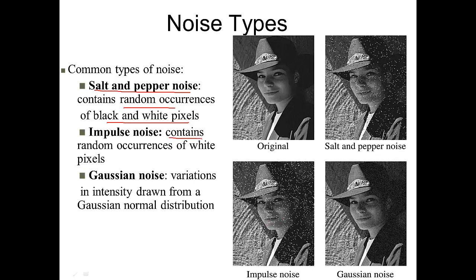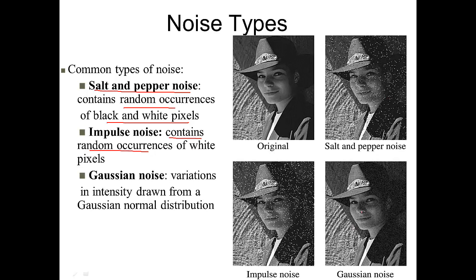It contains random occurrences of white pixels. You can see here there are black points and also white points, but for this noise, just white points. So we call this one impulse noise. This one is called salt and pepper noise, because some is black and some is white.